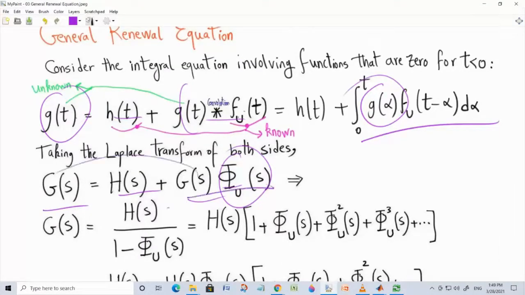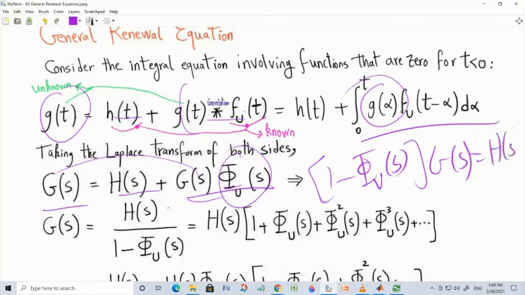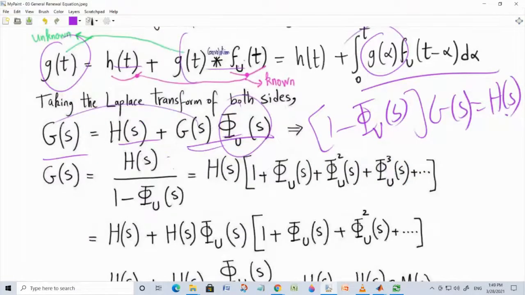You take this guy and move it to the other side. So 1 minus phi_U of s multiplied by g of s is equal to h of s, and so g of s is equal to h of s over 1 minus phi_U of s. So in the Laplace domain, very easily, you separated g on one side and the known functions on the other side.